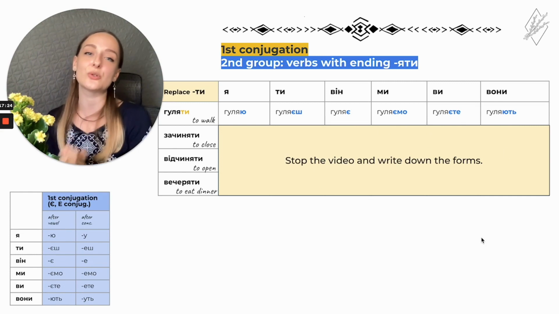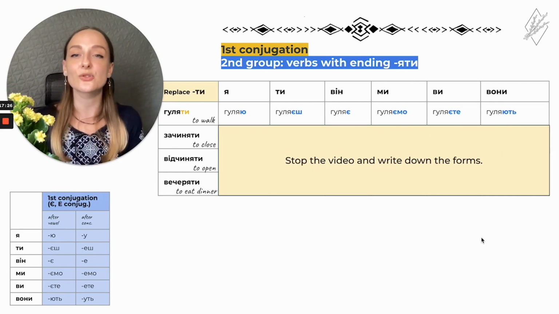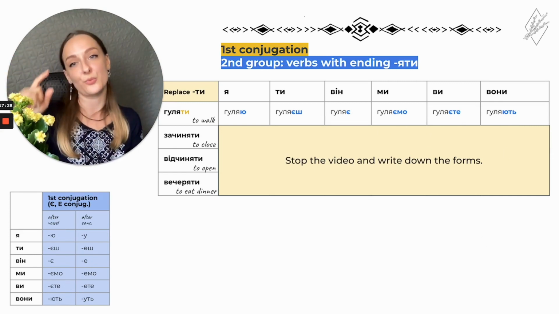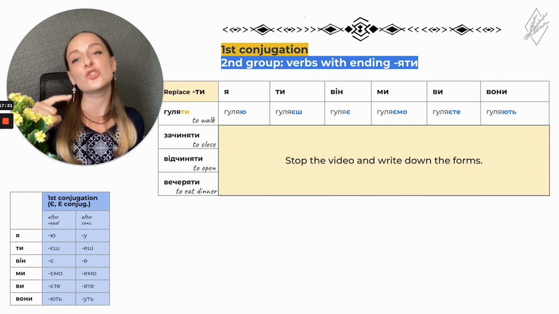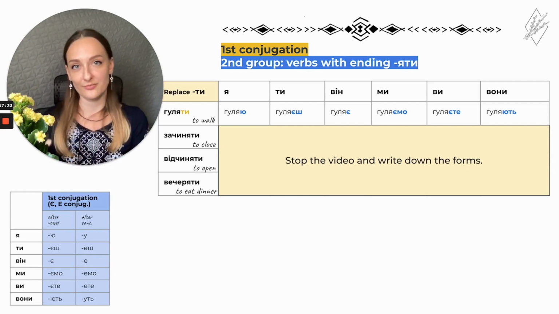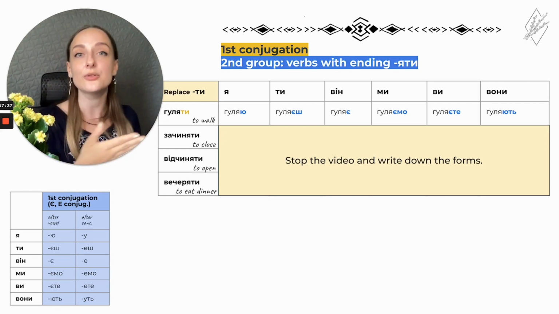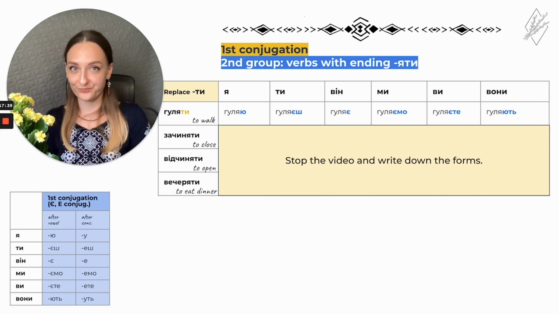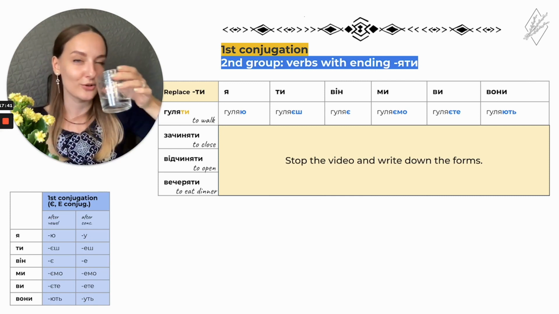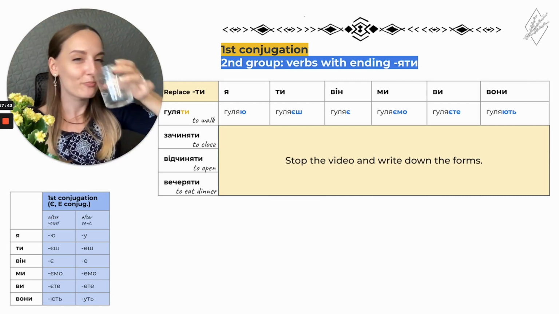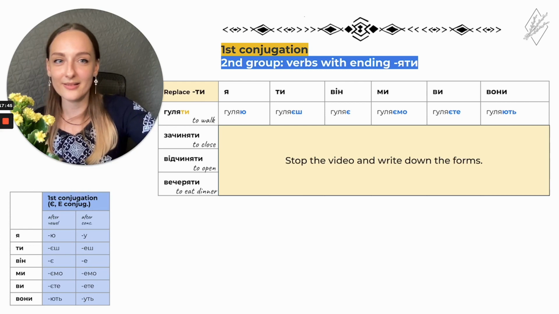And again, I want you to stop the video and to write down other verbs. Зачиняти, відчиняти, вечеряти. Even if you don't know these verbs yet, you can practice already how to conjugate them. So, I give you a second. And let's check.